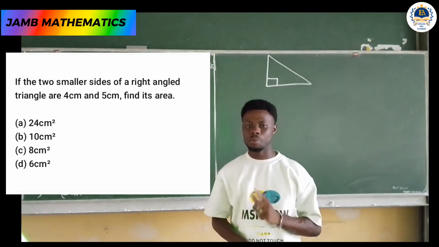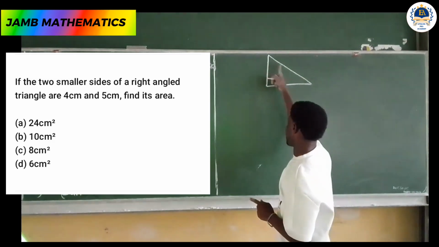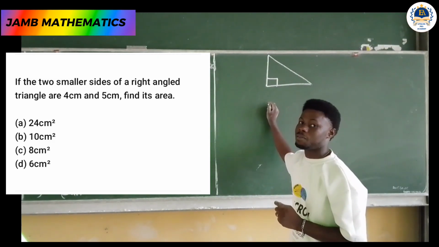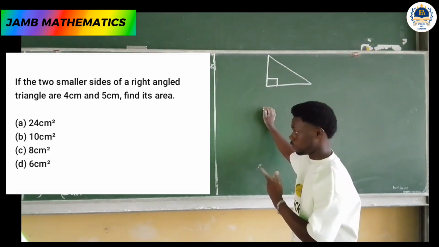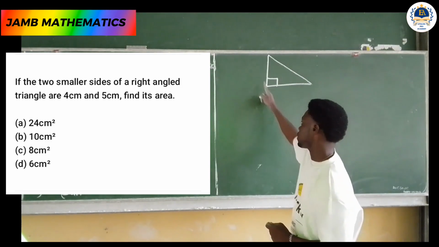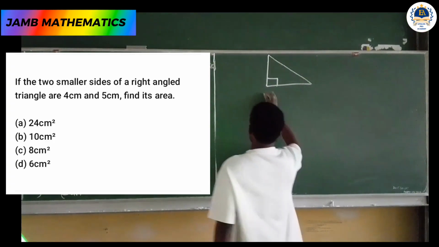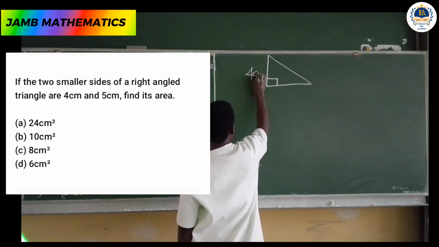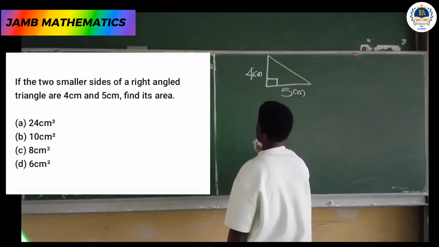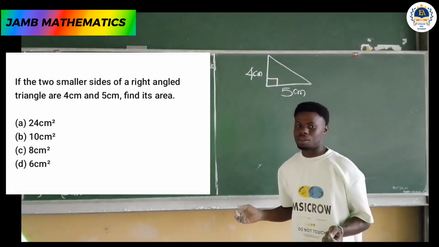The longest is called the hypotenuse, which is this line. Whereas these two are the smallest sides of the right angle triangle. From the question, it is given as 2 small sides, that is to say, they are referring to these two. So let us call one of these sides 4 cm and this side 5 cm, since they are not referring to the longest side of the triangle.